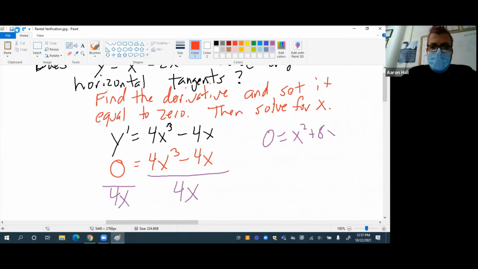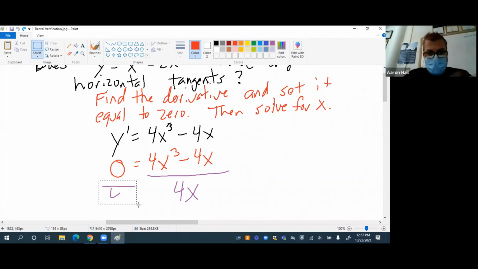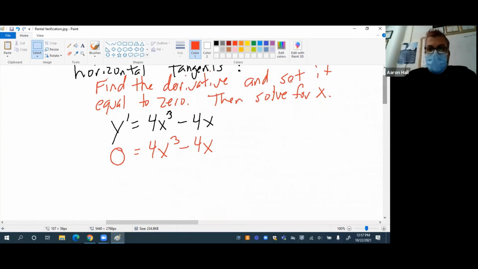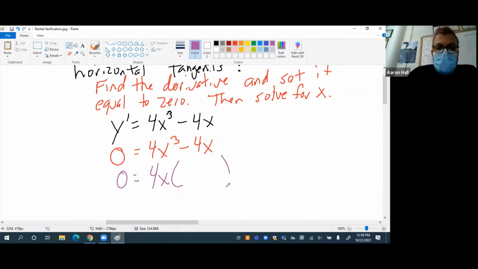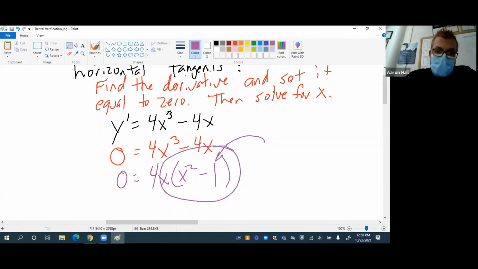All right. So what do I do instead? I need to factor. How do I factor this? You could first factor out an x. I can factor out an x and a 4. So that's going to give me 4x times x squared minus 1, which looks suspiciously like a difference of squares.